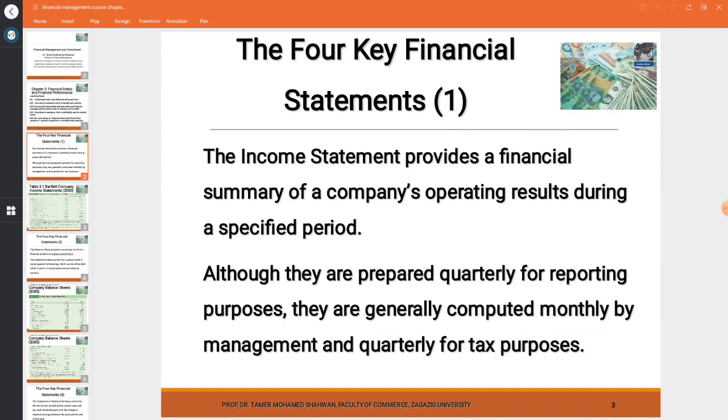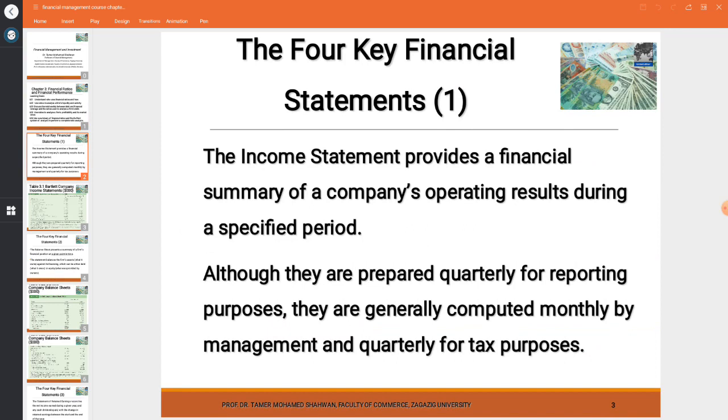Those four key financial statements can be considered the main source of data and information that could be used in analyzing our data set.